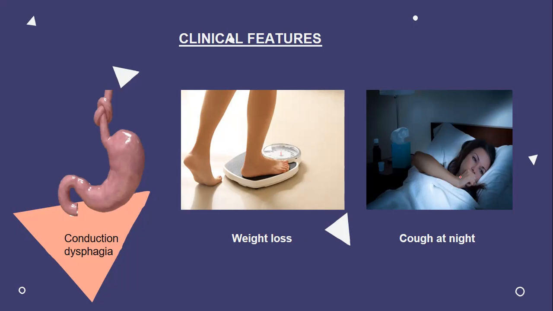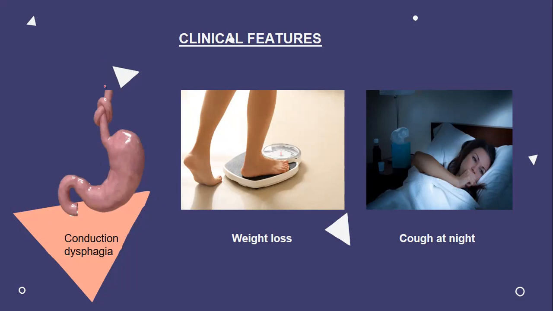And can anybody tell me why this person might be coughing at night? Maybe because I have reflujo. Okay, actually, reflux is when the contents of the stomach go back into the esophagus, right? However, here we have this dysfunction of the lower esophageal sphincter, so there is no reflux actually.